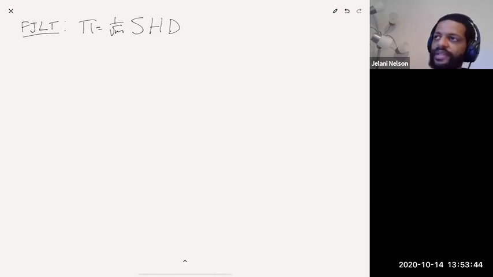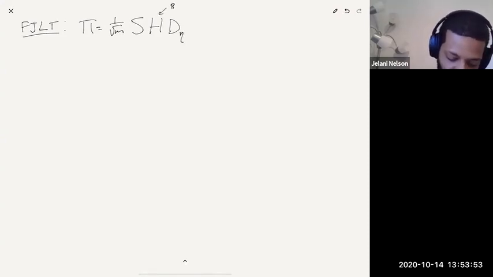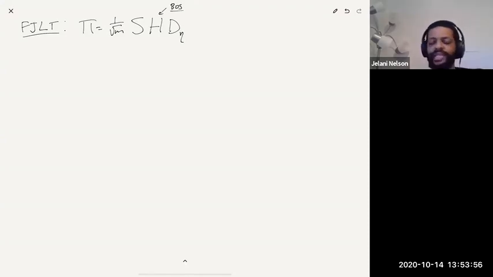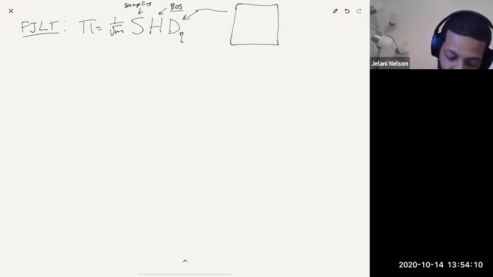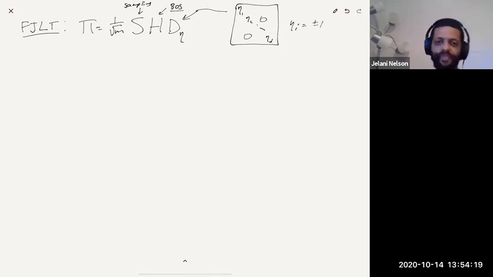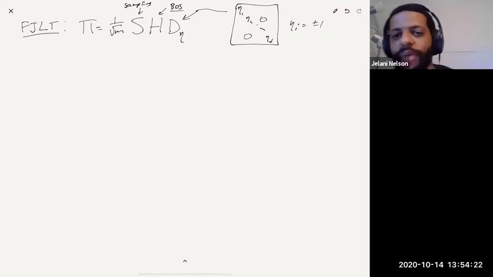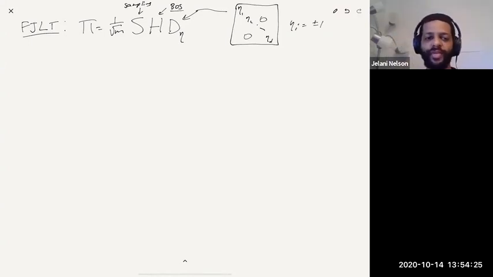Here, H is any unnormalized bounded orthonormal system, like the unnormalized Hadamard or the unnormalized discrete Fourier transform. S is sampling. And D eta is a diagonal matrix that's random: eta 1, eta 2, up to eta d, and 0 on the off diagonal, where eta i is plus or minus 1. So it's uniform, plus 1 with probability half, minus 1 with probability half. It's what's called a Rademacher random variable.